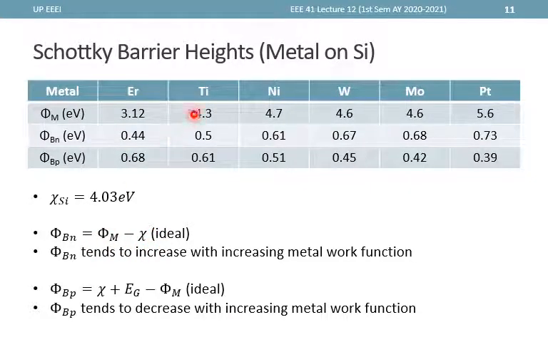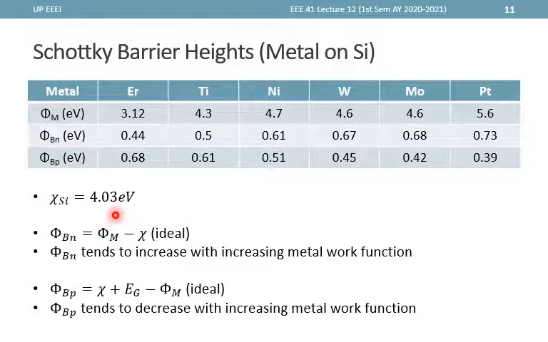This one is a bit closer. 4.3 minus 4.03 should give us around 0.27, but what we get is actually 0.5. Okay, so the actual case for the barrier heights does not strictly follow these two equations.